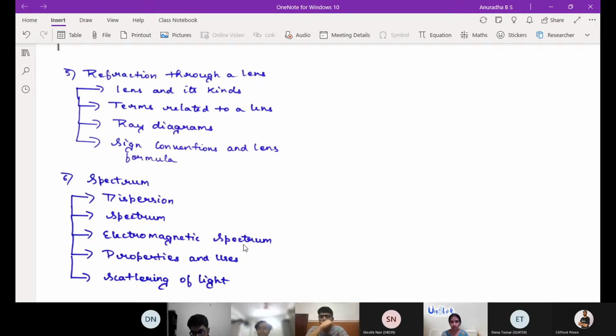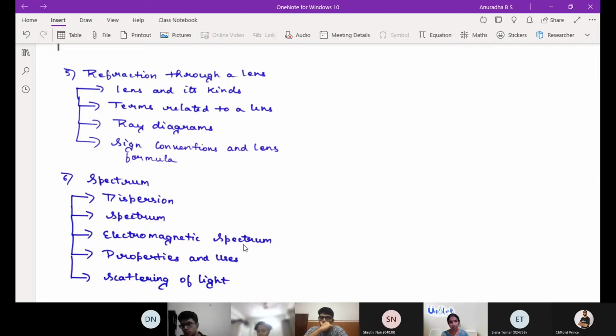You are supposed to know what is radius of curvature, what is center of curvature, what do you mean by focus, what is focal length, what is principal axis, what is pole, what is aperture. Those things are important. You have to just go through it, okay?